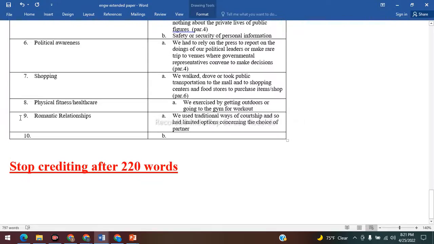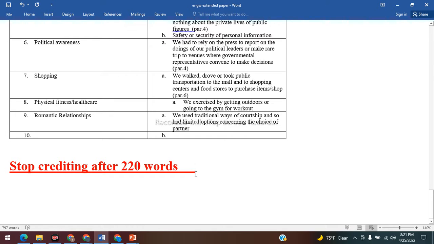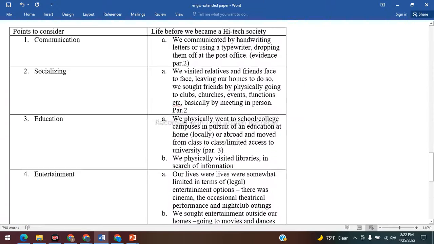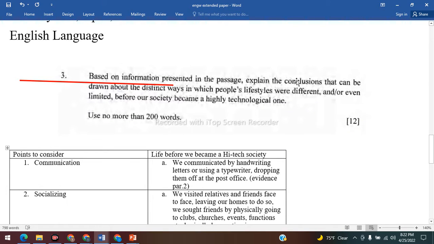So let me just tell you how they're going to mark this. You're going to get 0, or F, if there's no understanding of the task, failure to understand and communicate what is asked. They ask us to talk about how these people's lifestyle was back then compared to now.